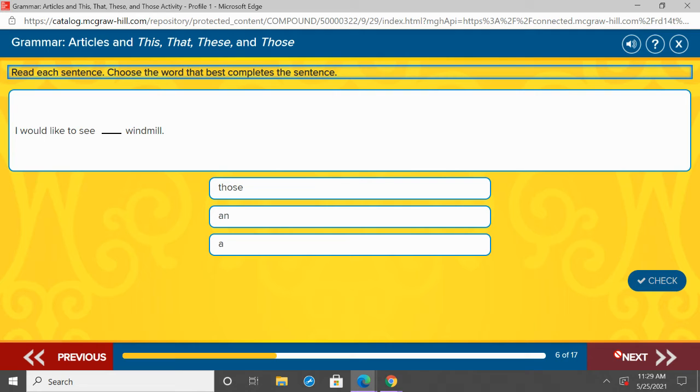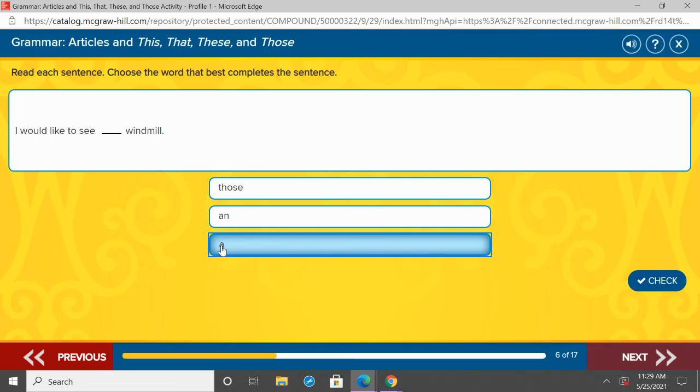But I want you to pretend point, so get close to your computer screen with your finger, don't actually touch it, and point to your answer. Those, and, or a. I would like to see a windmill, because windmill is singular, and since windmill starts with W, which is a consonant, we would use a.